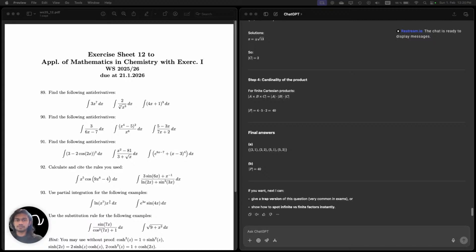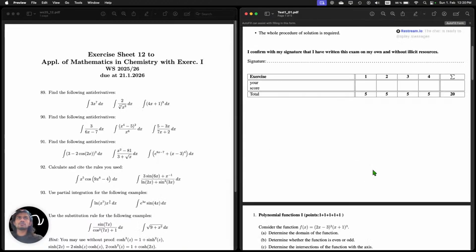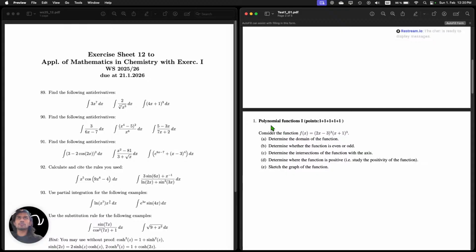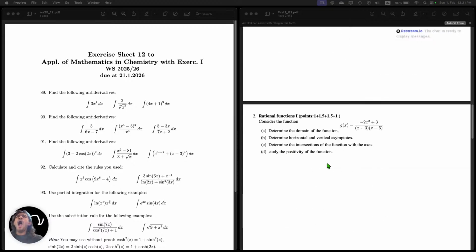Polynomial function. Determine the domains of the function. Determine whether the function is even or odd. Okay, so we got that type of question. Rational function. Consider the function. Determine the domain.